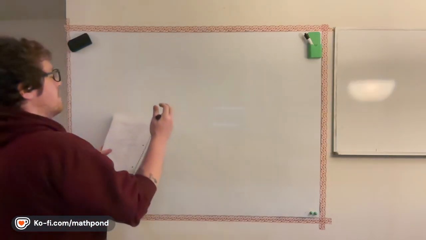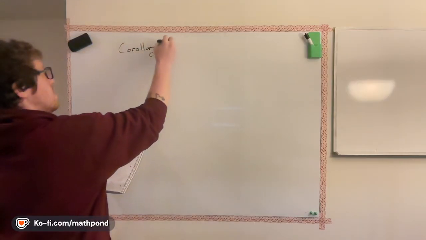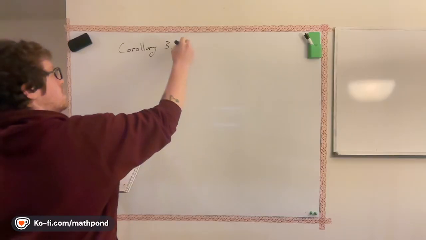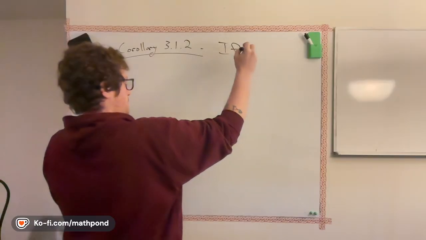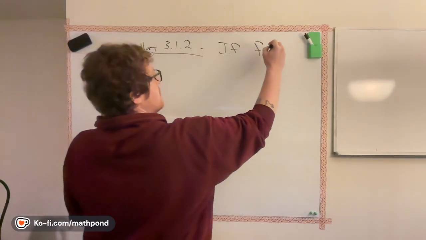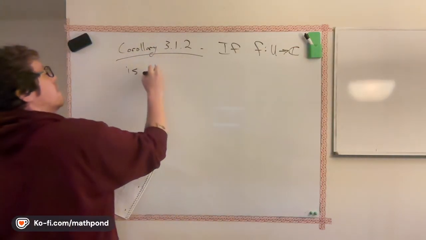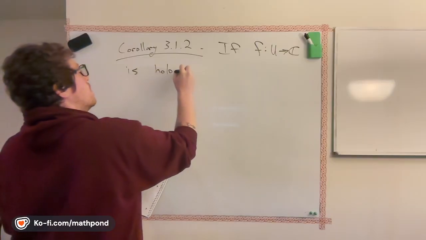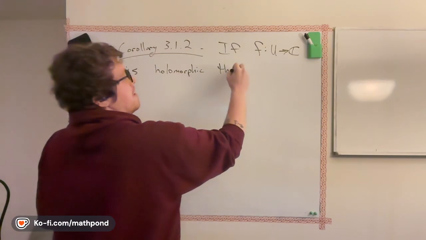Okay, so corollary 3.12. This says if f from U to C is holomorphic, then f prime is holomorphic.